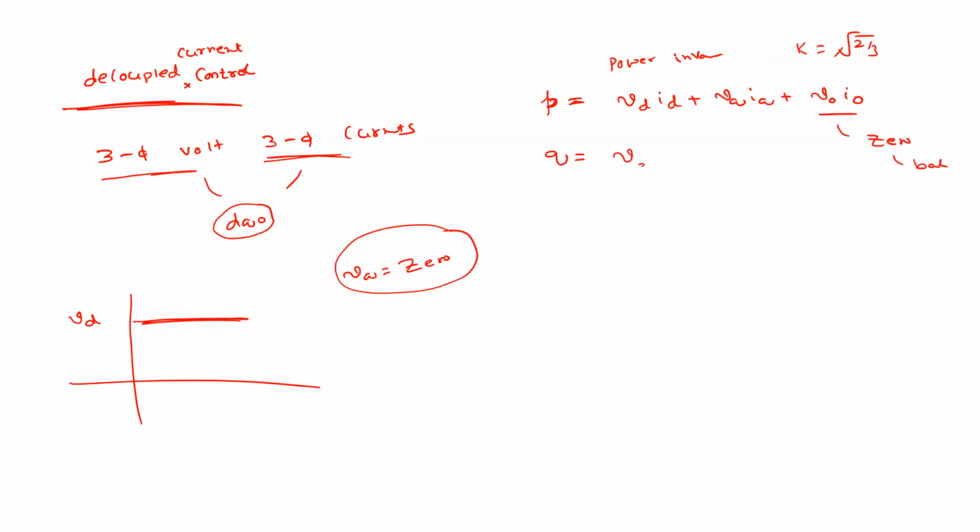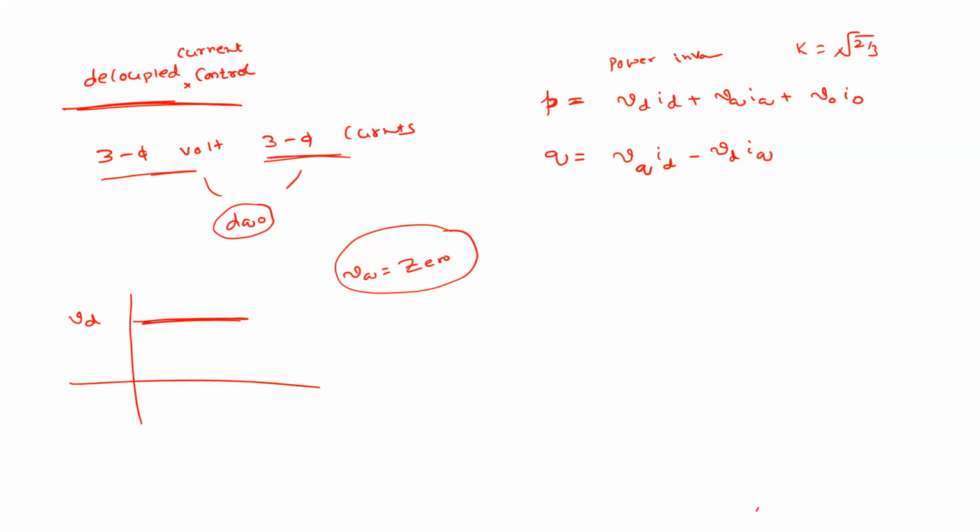Q is VQ ID minus VD IQ. You are aware of these two terms: one is the active power, P equals VD ID plus VQ IQ plus V0 I0, and Q is VQ ID minus VD into IQ.